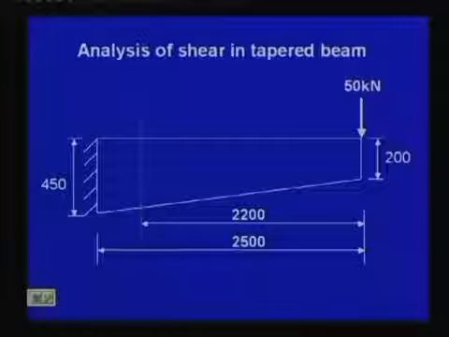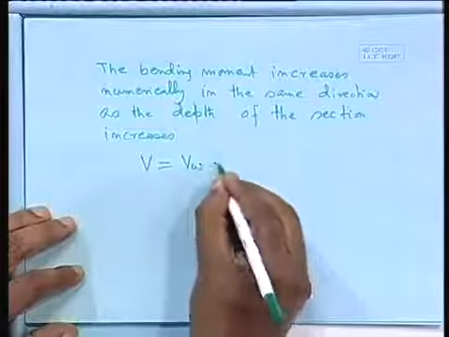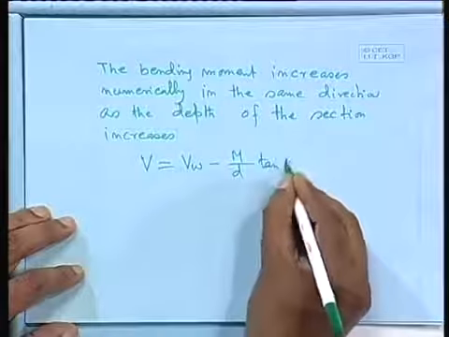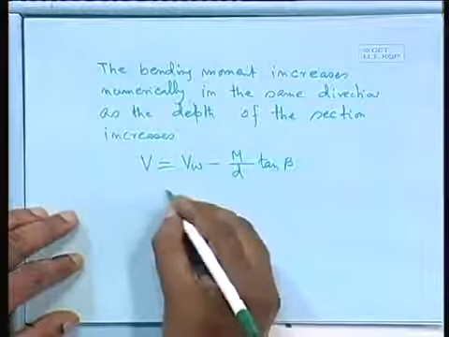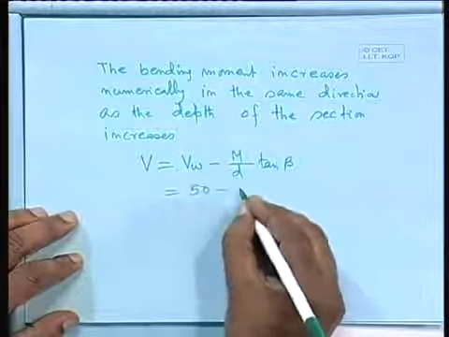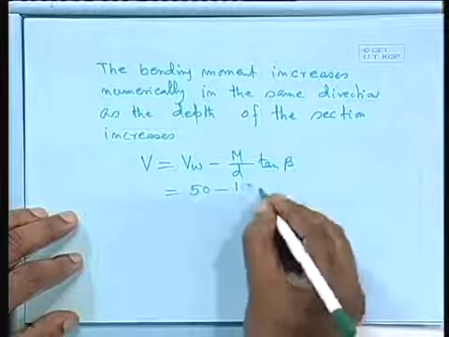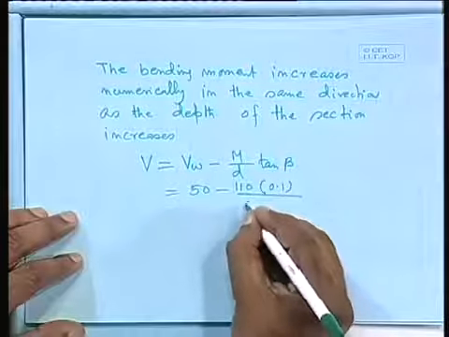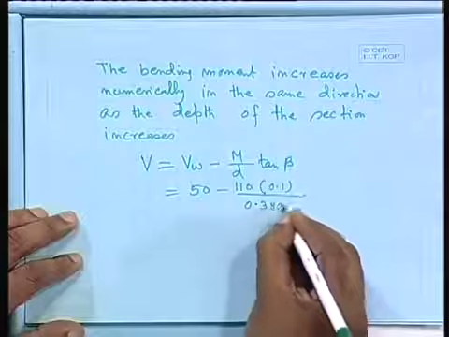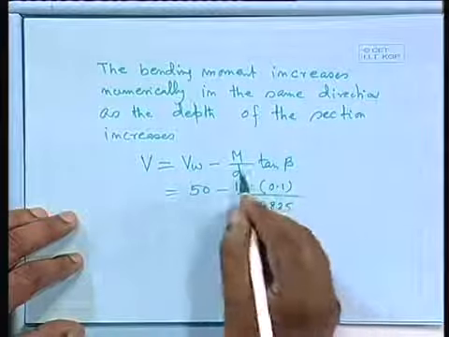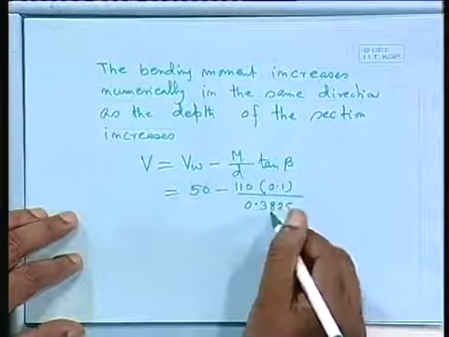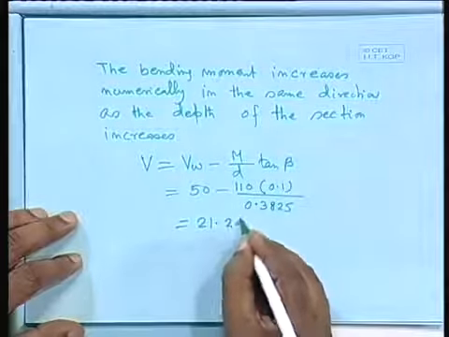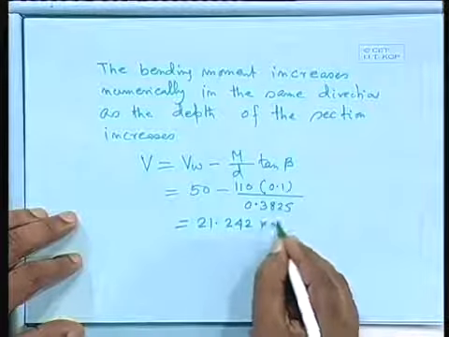So VW minus M by d tan beta equals 50 minus 110 times 0.1 divided by 0.3825. This is the d, converted into meter, and it comes as 21.242 kilonewton.